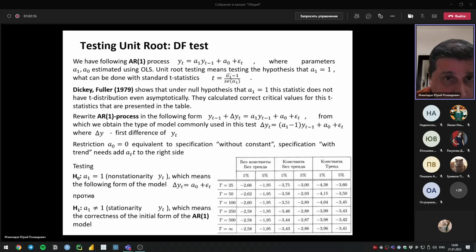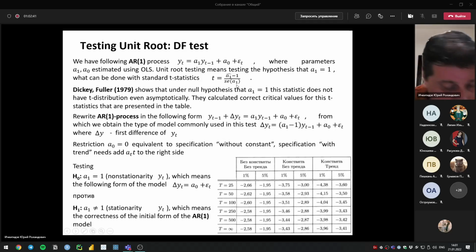Parameters A1 and A0 are estimated using the least squares method. Testing for a unit root means testing the hypothesis that this coefficient A1 is equal to 1. This can be verified using a standard test statistic.